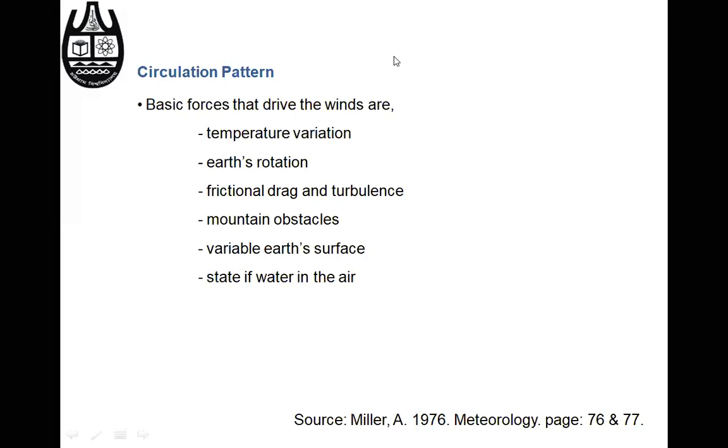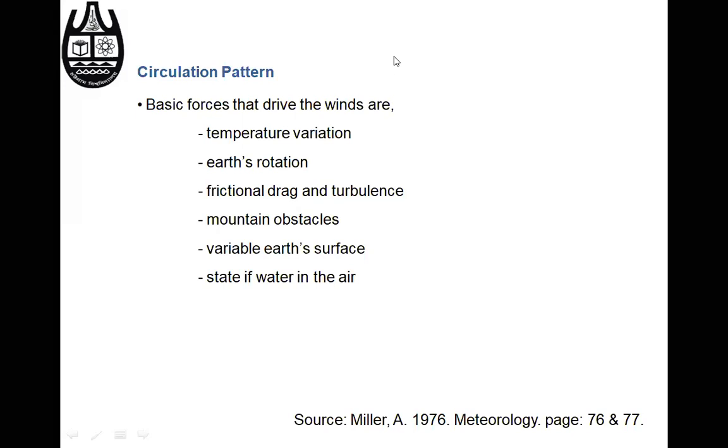Then another cause is variation of the earth surface. As we know, most of the area of this earth is water. So watery areas, we said, are smoother, so wind will move in a very smooth way. And then when it comes inside the land areas, there are different types of land use.